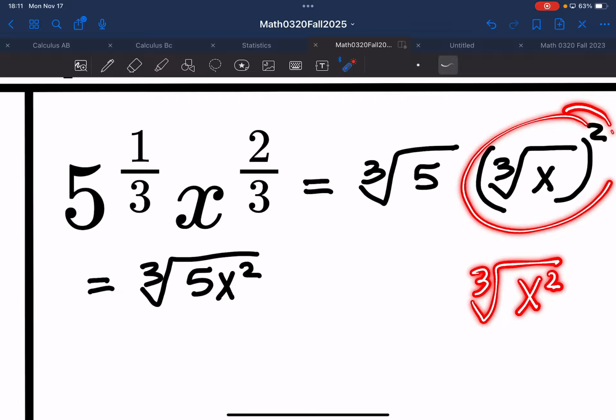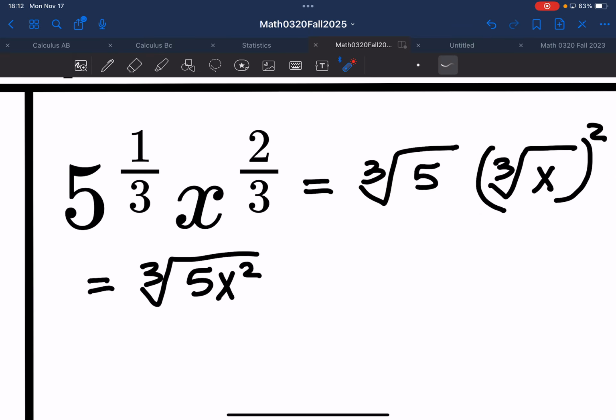Since they're both cube roots, we can bring the 5 and the x squared and put them under one root. That's how we got the cube root of 5x squared.